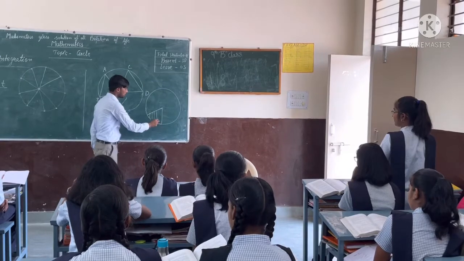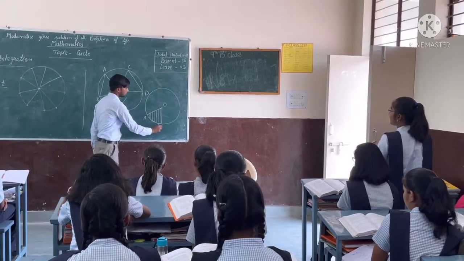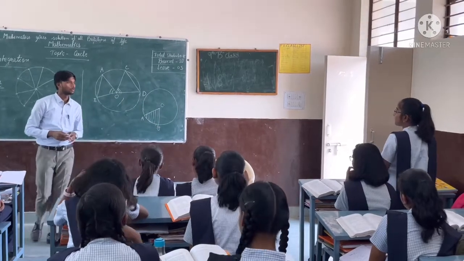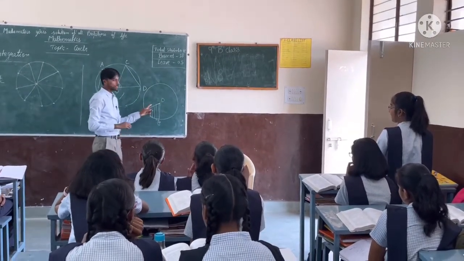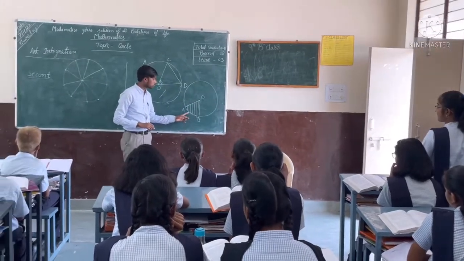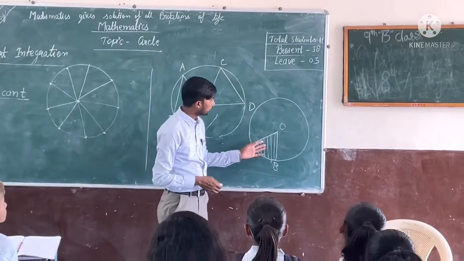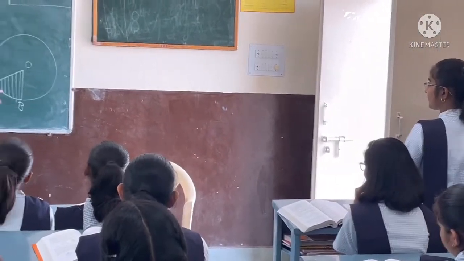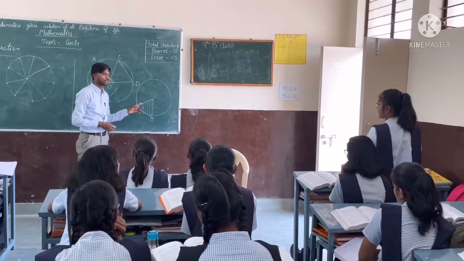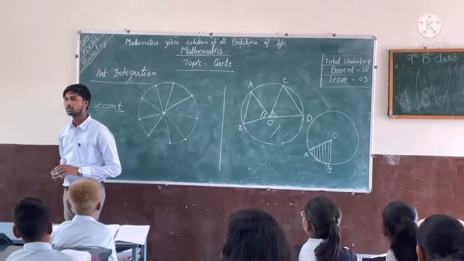The region between two radii and the corresponding arc is called the sector of circle. How many sectors are there? Two sectors. One is major and the other one is minor. Good, sit down. So students, that's all for today.